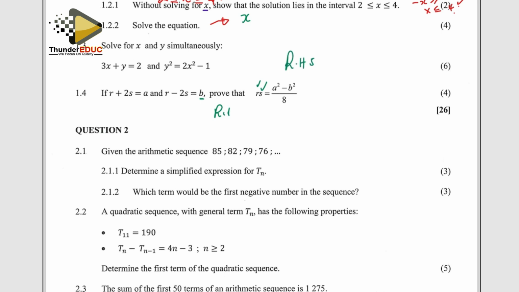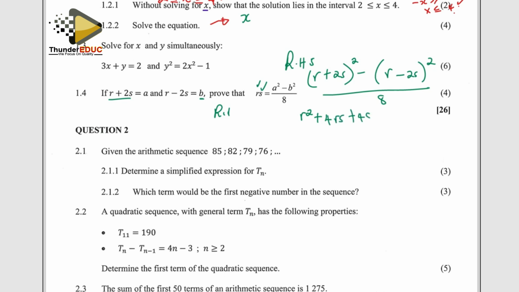So where there is a, I'll replace that. So it's going to be r plus 2s but squared, minus where there is b, I'll put r minus 2s but squared. This must be over 8. When I open this up, I'm going to have r squared plus 4rs plus 4s squared, minus, when I open this up, r squared minus 4rs plus 4s squared.